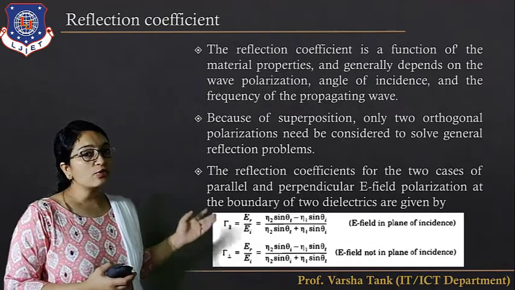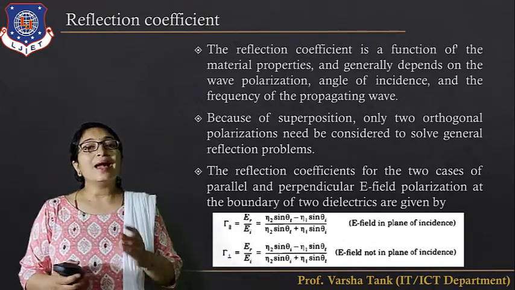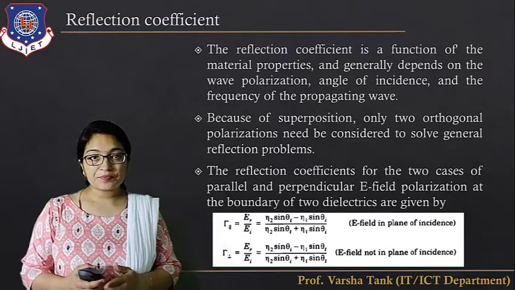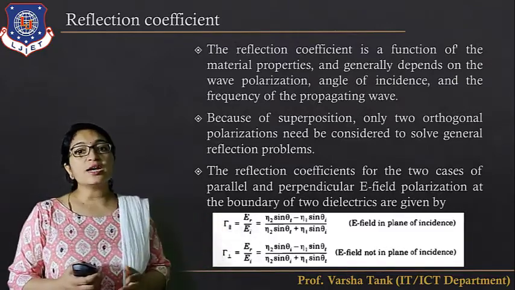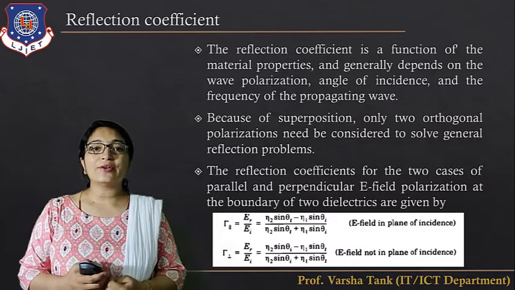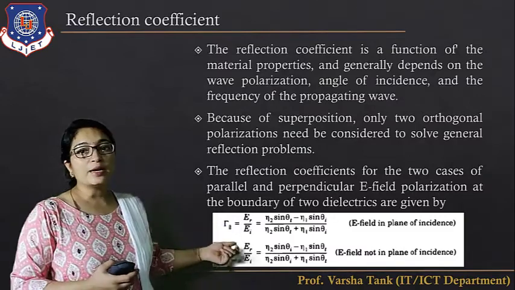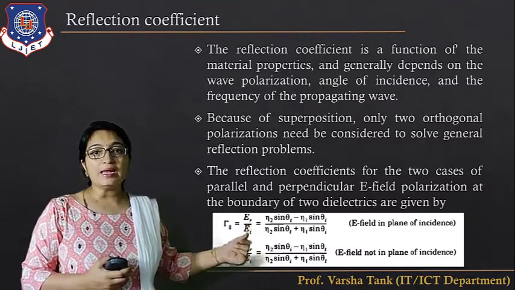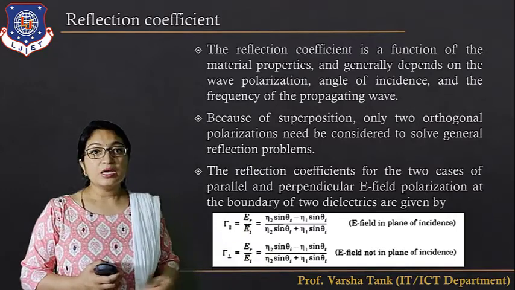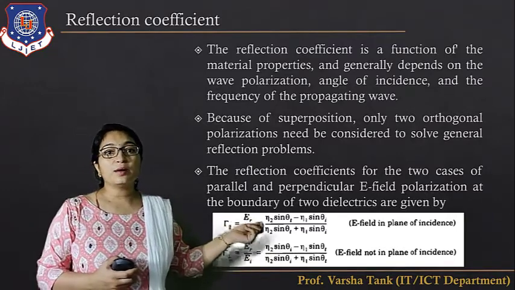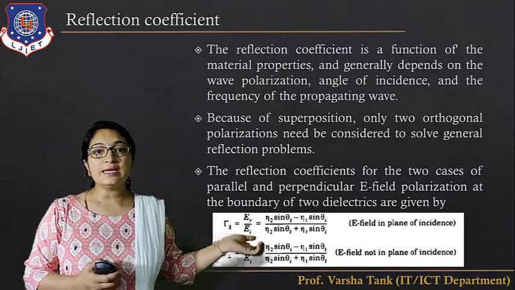So the reflection coefficients for the two cases, parallel and perpendicular, that is, E field polarization at the boundary of the two dielectrics, are given by polarization parallel and polarization perpendicular. So the E plane is in the plane of incidence.